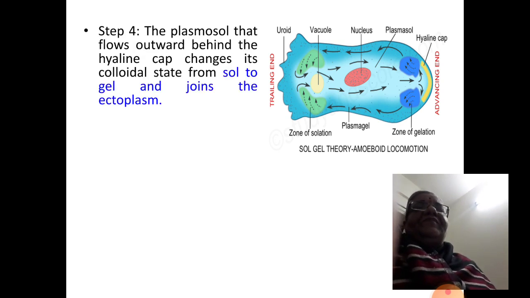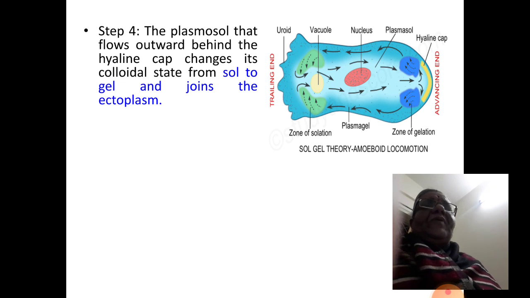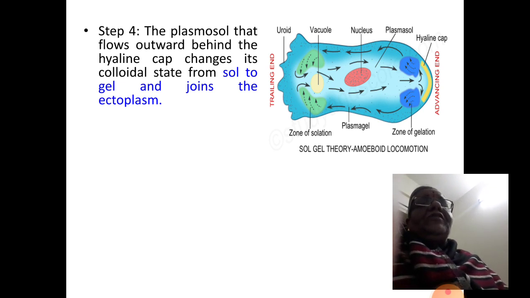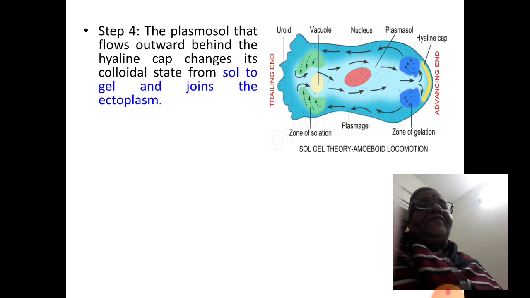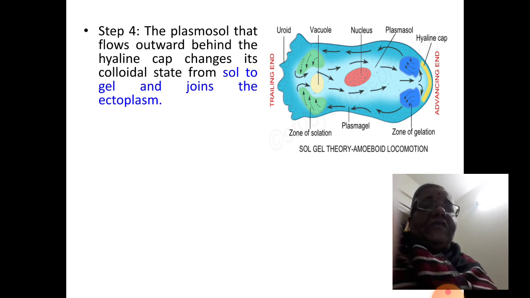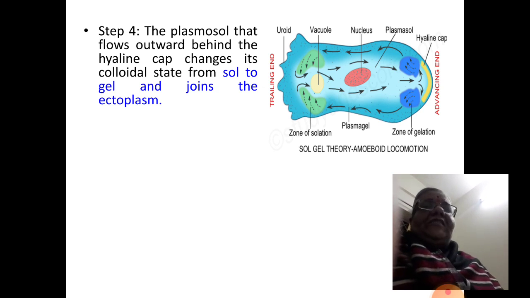Then let us see step 4. The plasma sol which flows outwards behind the hyaline cap, you can see the arrow marks there, changes its colloidal state from sol to gel and joins the ectoplasm. How? By losing water. I'll explain the reason for losing water a little later, but remember.